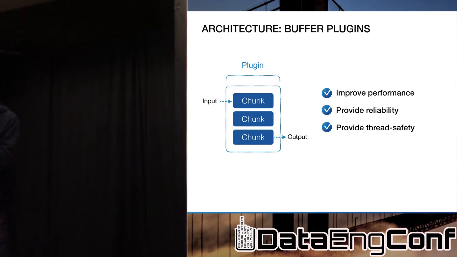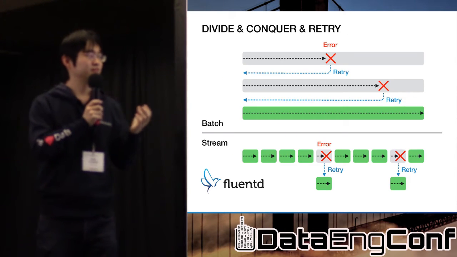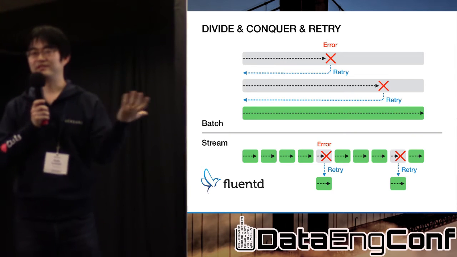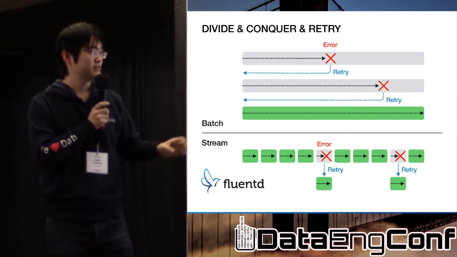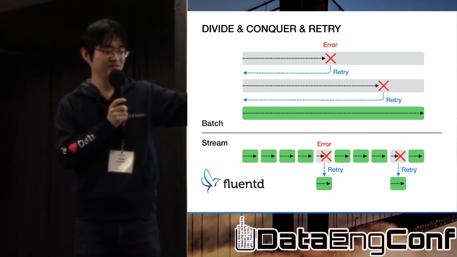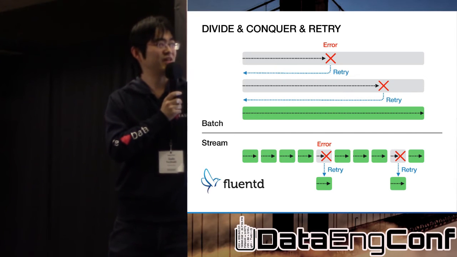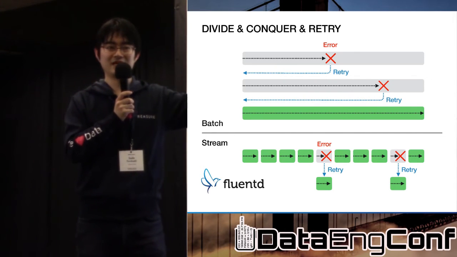So this plugin is for buffer plugins for performance and reliability. This is also important for the network transfer, distributed system. If you think about the batch-oriented data transfer, it needs to retry from the beginning if a problem happens.